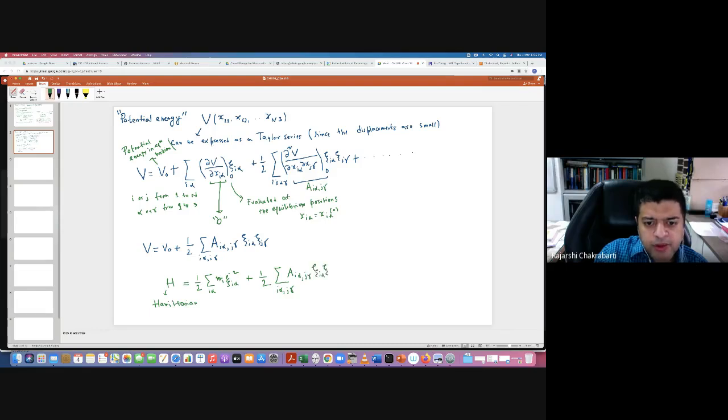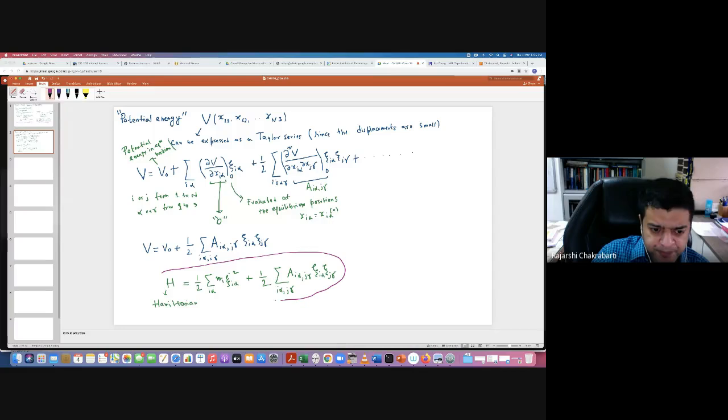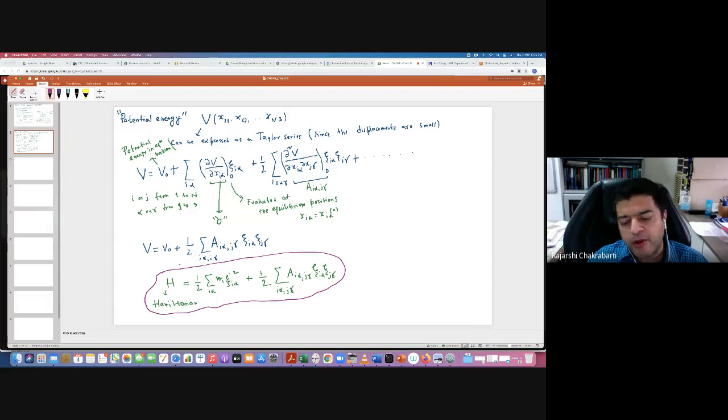But do you see one thing here? You should see that because of the potential energy part, I have a problem. Look at it very carefully. Why? Coupled. Yes. Because you see these coefficients are non-zero, no?